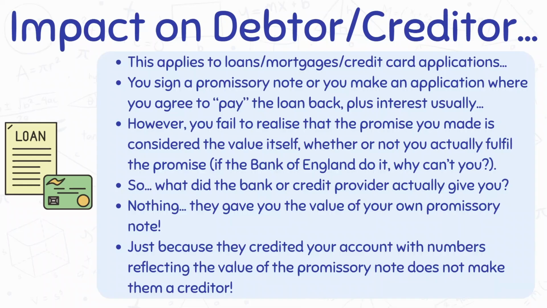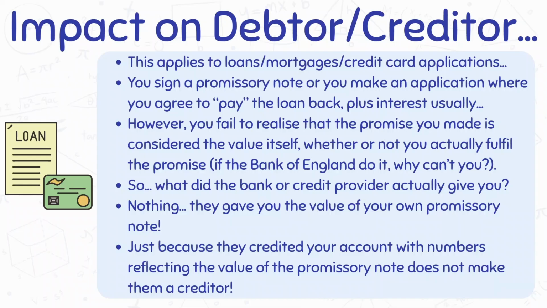But there's a key aspect here that I really want you to grasp. Just because your account is credited with numbers, this does not mean that the bank or the credit provider gave you something of theirs. They did not make any loss from their own property. You deposited something of value.